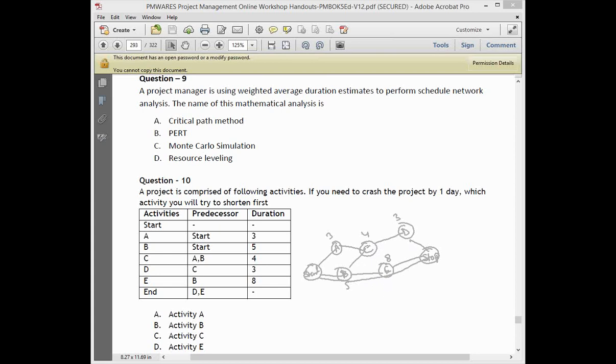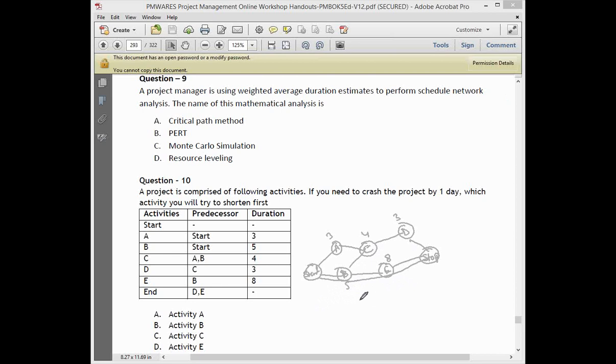No, the thinking is basically because it has more duration, so putting more resources and crashing it, the more the duration, it is simpler to do the crashing. No, that's not simpler. A preference is taken to get more time if the activity is bigger, but you need only 1 day. But if the activity is bigger, it is easy to crash it, correct? So the preference I will always take is, where there is a large amount of time available, I'll try to crash that first.